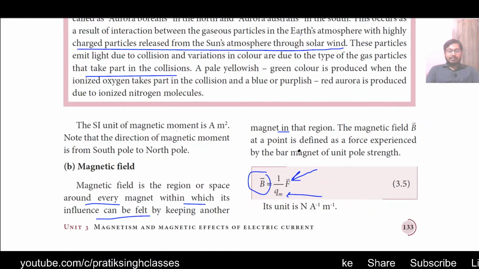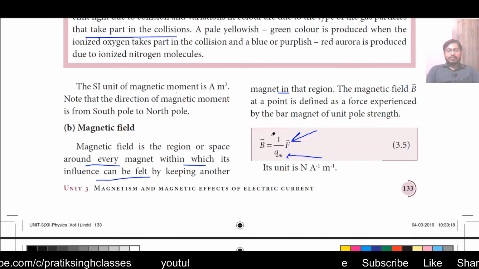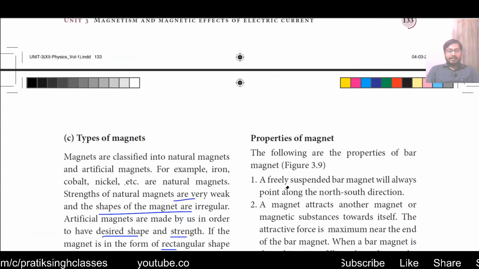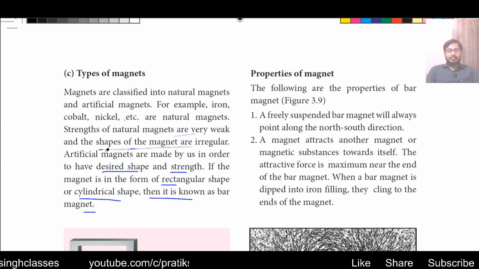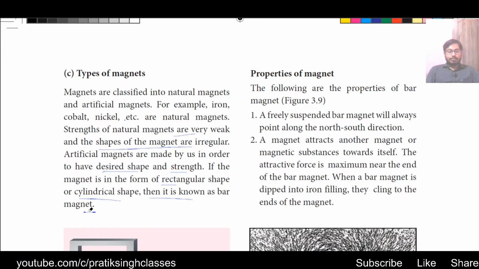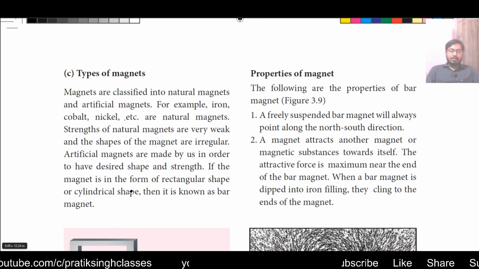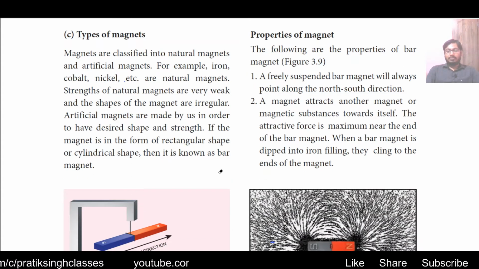Then we have seen magnetic field denoted by capital vector B, and then types of magnets. These things should always be kept in mind while going through the topic of magnetism. Please always keep in mind by what symbol we denote what physical phenomenon in physics.